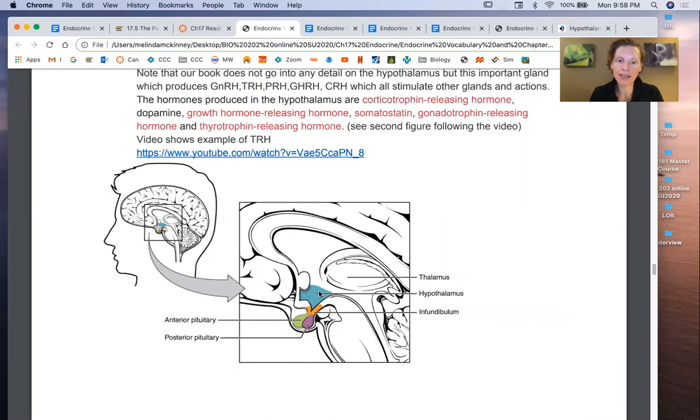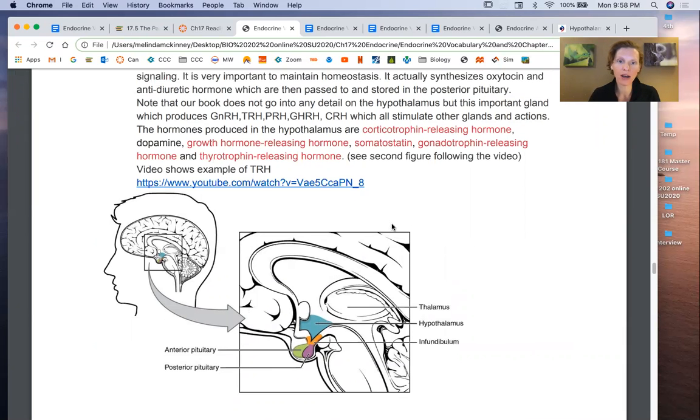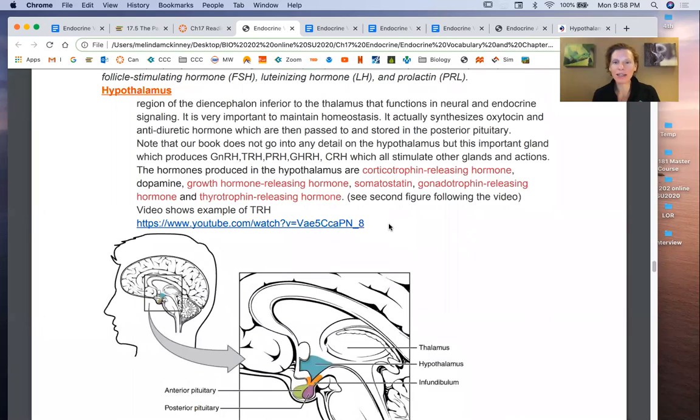And it's involved in actually synthesizing a lot of hormones that our textbook doesn't really go into. So it's highly involved in homeostasis of the body, especially in terms of metabolism, but really in terms of all of the endocrine system. And so it responds to many different signals from the brain and produces stimulating hormones.